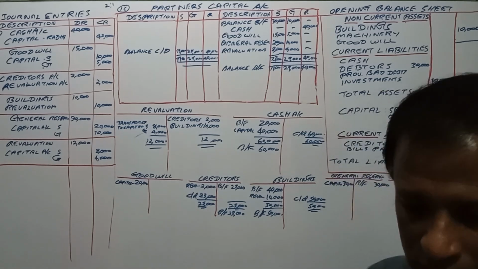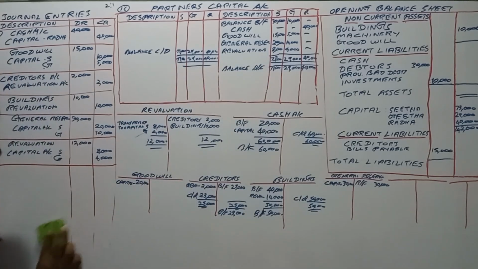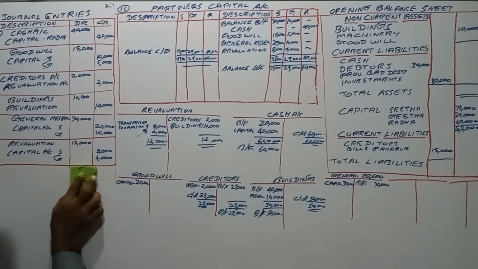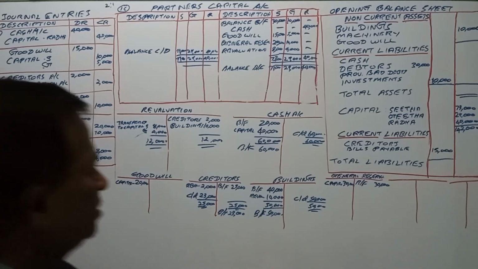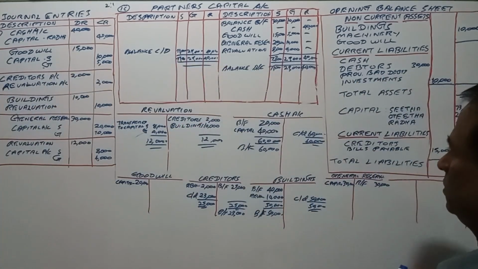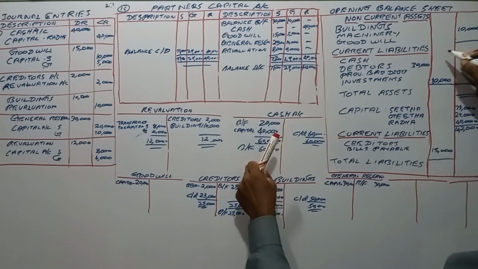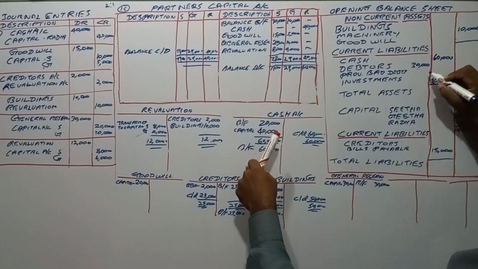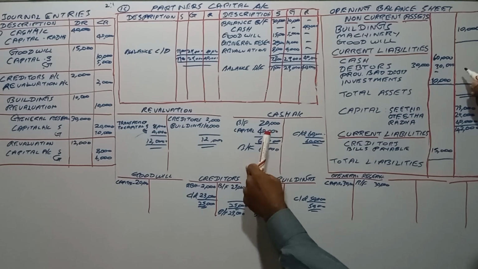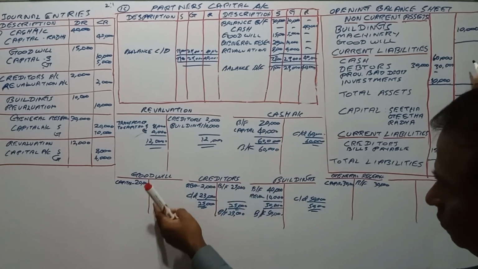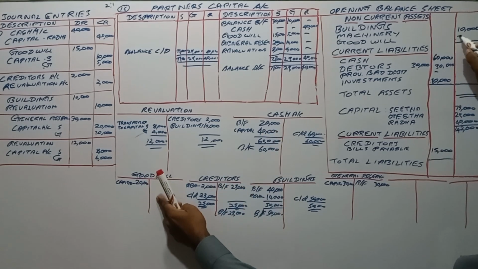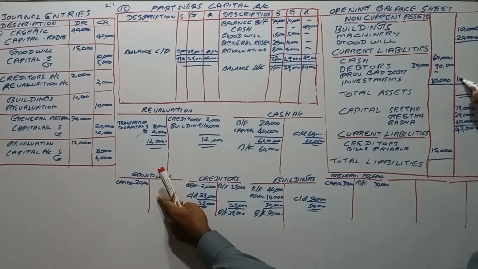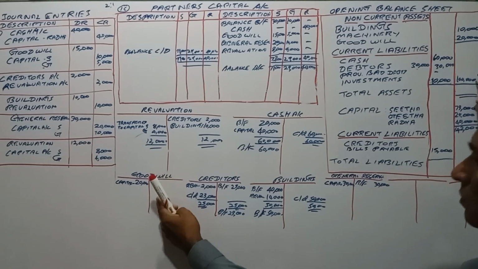So now what we are going to do is take the balances. Revaluation no balance, cash at bank 60,000, right? There is no provision for bad debts, then debtors 30,000. And goodwill is 20,000. This is 100,000, right?